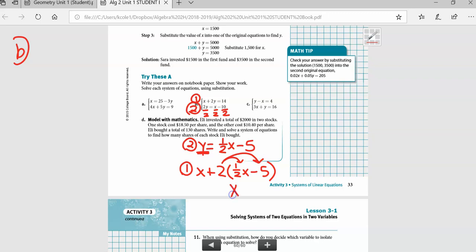Well, that's 1, or just x. 2 times negative 5 is negative 10. Wait, I didn't finish this. Equals 14. Sorry. Bring down this x, bring down equals 14. Combine your like terms right there. 2x minus 10 equals 14. Add 10. 2x equals 24. Divide by 2.